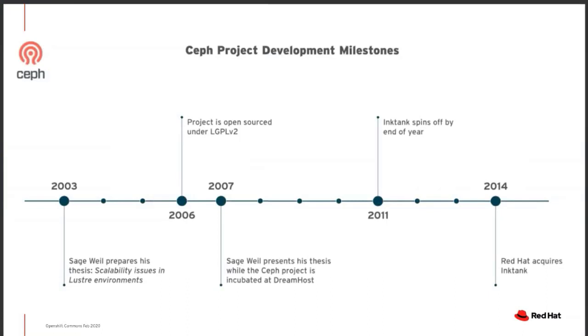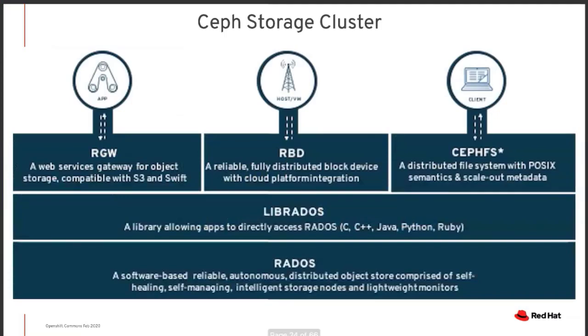Ceph is not something that's here since yesterday. It's a project that's been there for quite some time. Founded in 2003 by Sage Weil, and now it's 2020, and we have incorporated this in our OCS solution. It's proven technology, reliable.